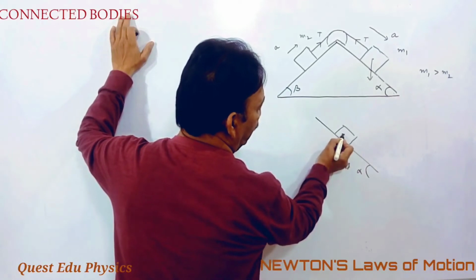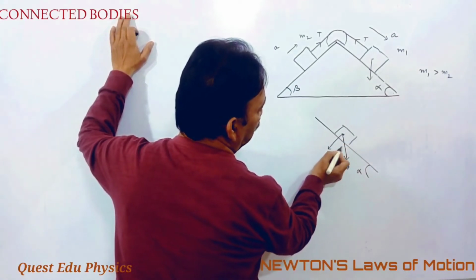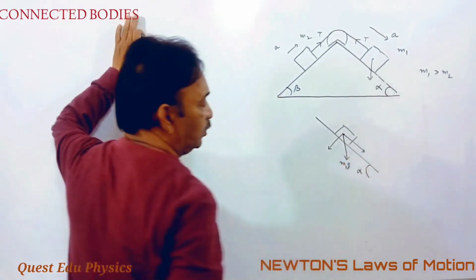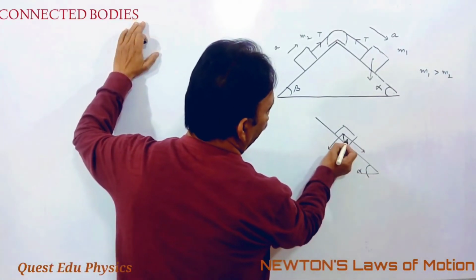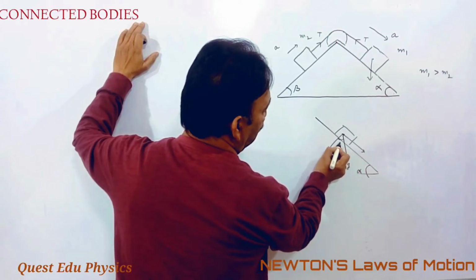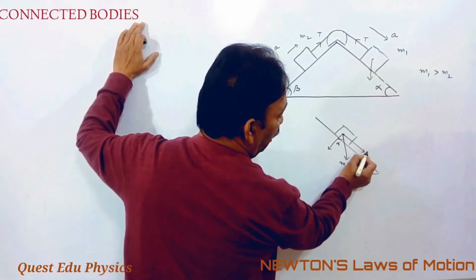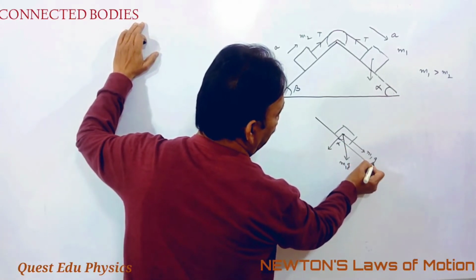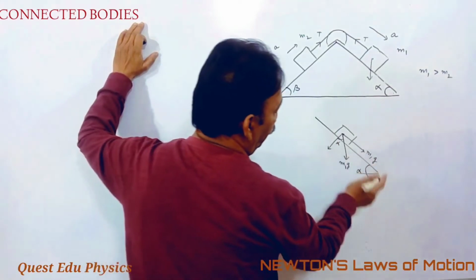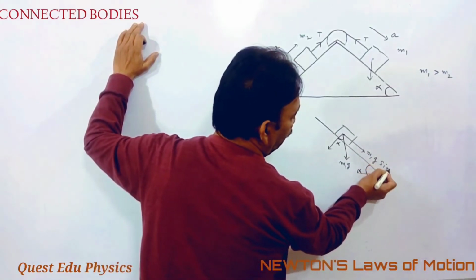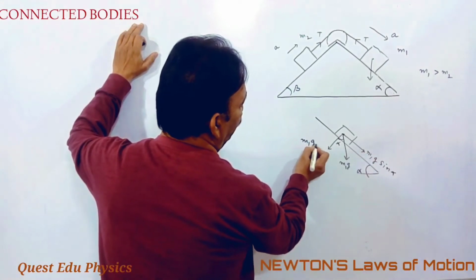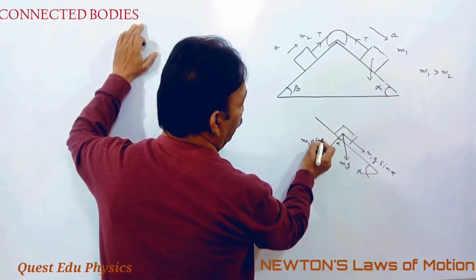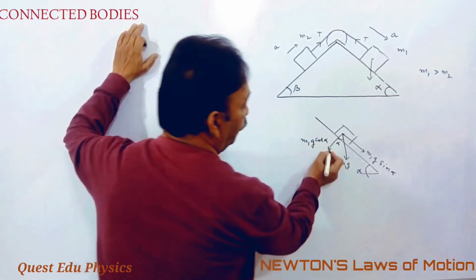We are resolving the weight into the components. Okay students, here if it is alpha, then automatically it is M1G sin alpha and it is M1G cos alpha.